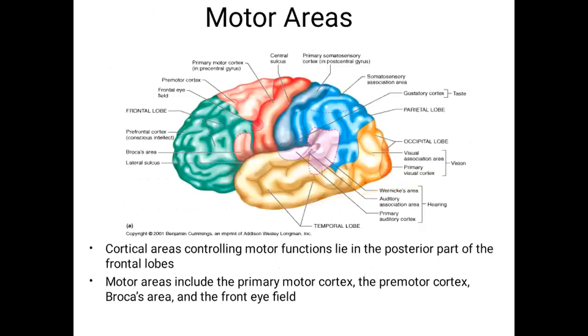So what are the motor areas? What we call Brodmann's areas. The primary area is the primary motor area, which is area number 4. This occupies almost the whole length of the precentral gyrus. A small portion is also there, the supplementary motor area.